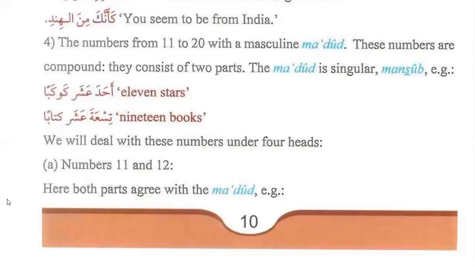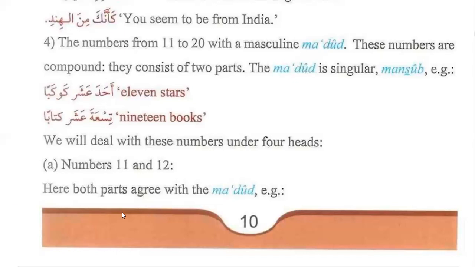Khamsu talibatin. Sittu talibatin. Sab'u talibatin. Thamaniu talibatin. Tis'u talibatin. Ashru talibatin. Now we learn the counting from 11 till 20.